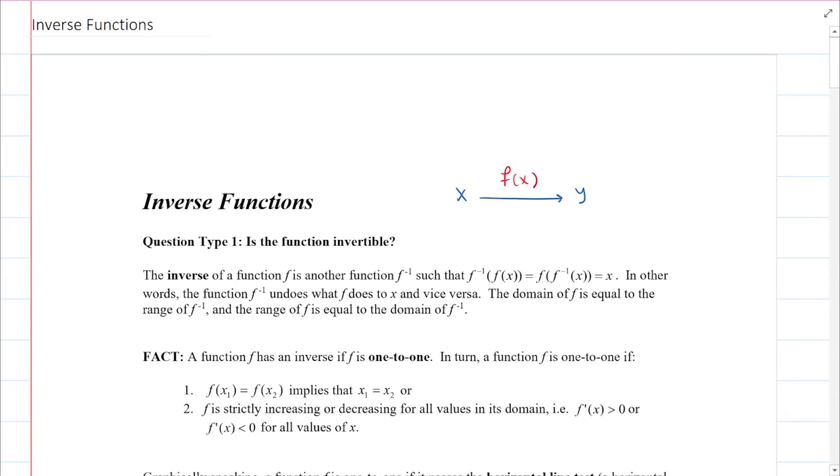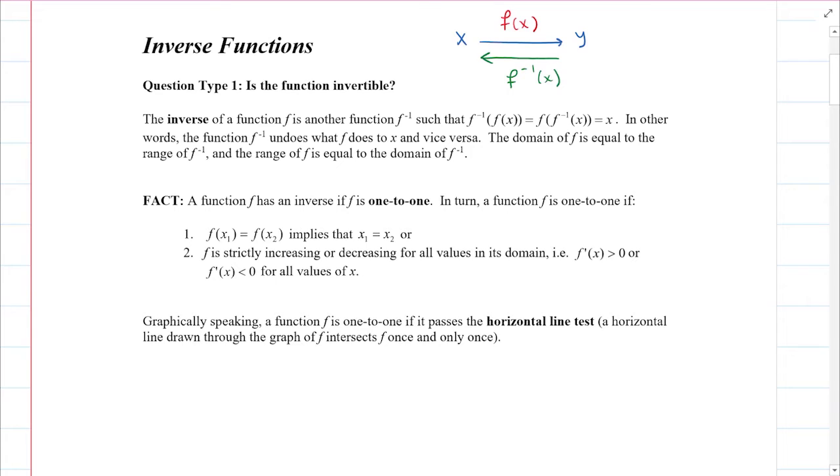And think about inverse as a function that does the opposite. So it takes you from y to x. So that's f inverse of x. Now, if you start from here, you go to y, and then you come back. That means if you apply f inverse on f, then you go back to x. So this is why you're going to get an x here.